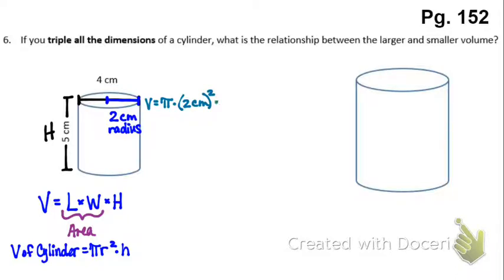And then we also multiply by what? By 5. 5 what? Centimeters. Grab your calculators. As far as the numbers go, we need to multiply pi times 2 times 2 times 5. We're going to round this to about 2 decimal places.